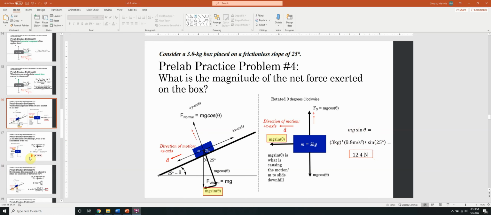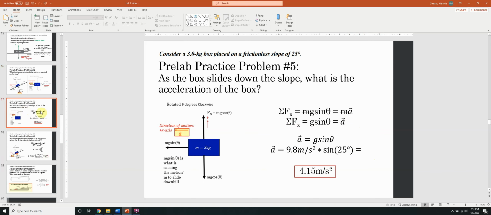All right, number 5. As the box slides down the slope, what is the acceleration of the box? So as we talked about, mg sine of theta is what is producing this acceleration a. So when we sum up our forces in the x direction, it should come as no surprise that because it's a frictionless surface, all we have is mg sine of theta is equal to the total mass of the system times the acceleration.